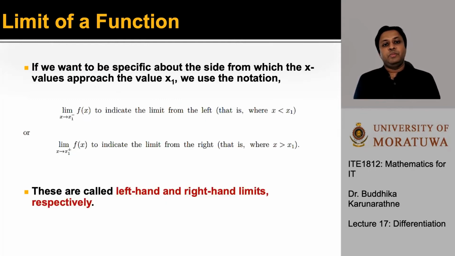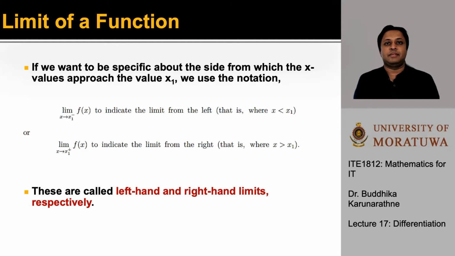So here, if you want to be specific about the side, we already introduced two sides, either from the left or the right, or from the upper side or the lower side. We can specifically talk about these different sides. So for example, from the lower side or the left side, we can write the limit of the function f(x) coming from the lower side of x1 to indicate the limit from the left.